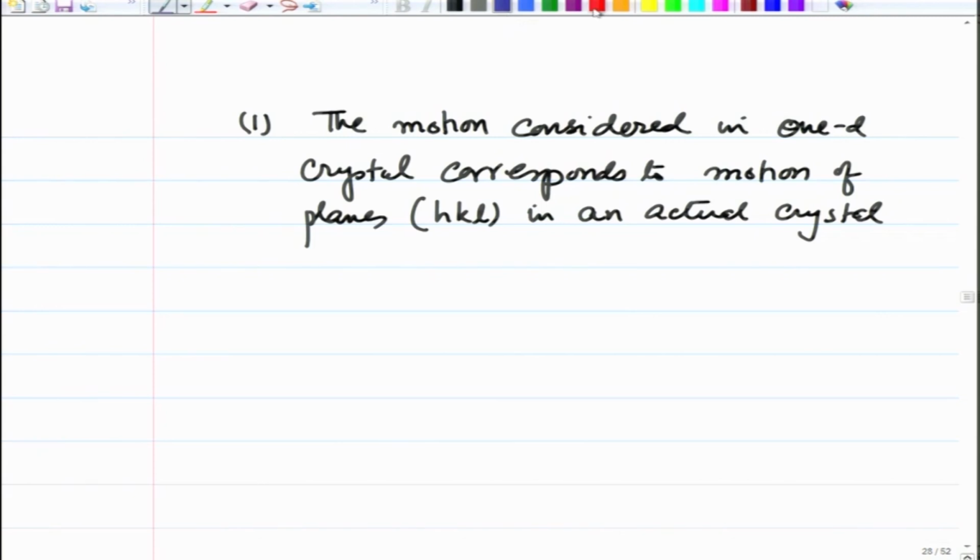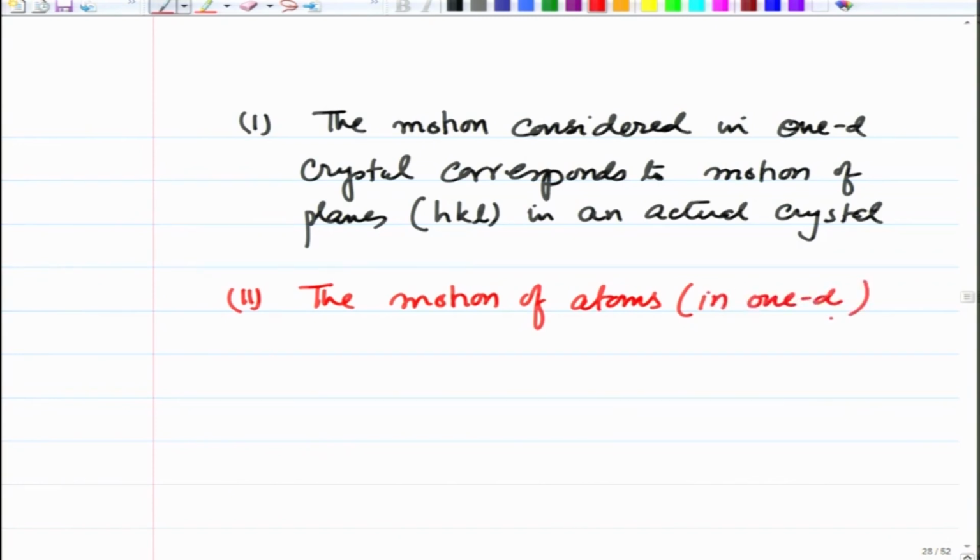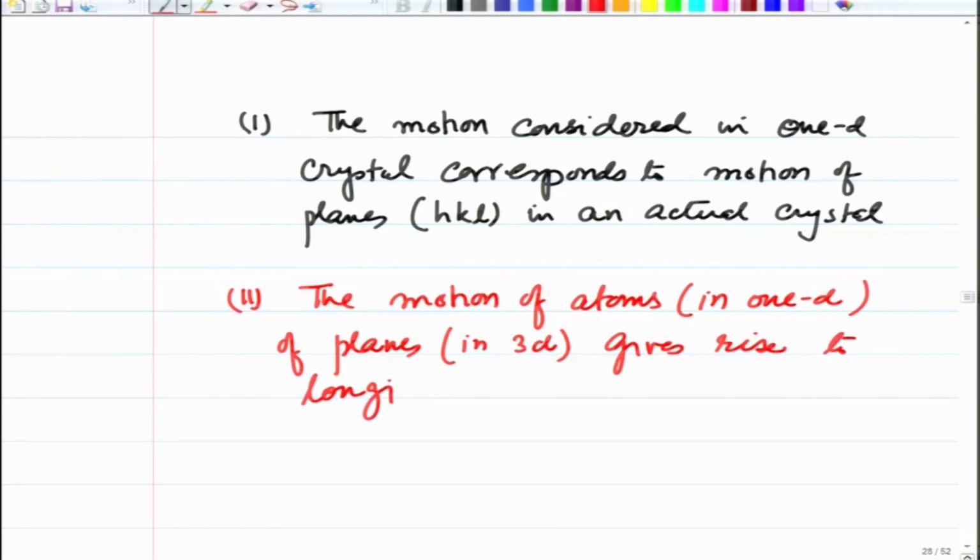And point number 2 is that the motion of atoms in 1D and of planes in 3D gives rise to longitudinal and transverse waves.